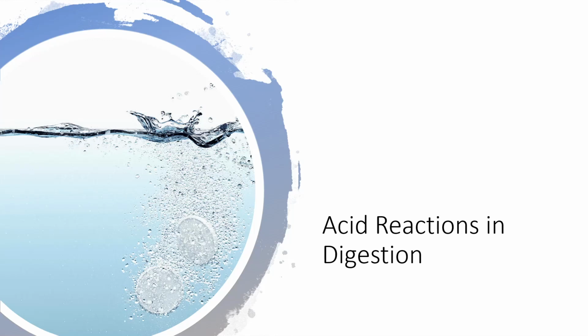These two solutions are opposites to one another. An acid has a very high amount of hydrogen ions, and a base has a very high amount of hydroxide ions. The opposite is also true. An acid has a very low amount of hydroxide ions, and a base has a very low amount of hydrogen ions.